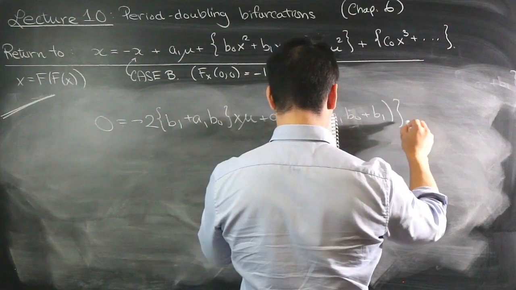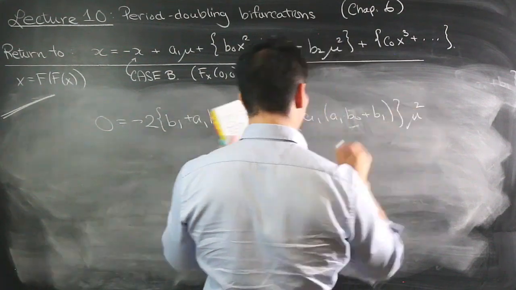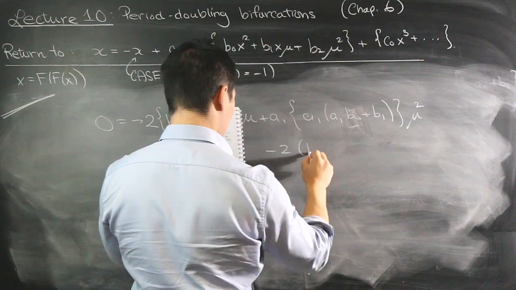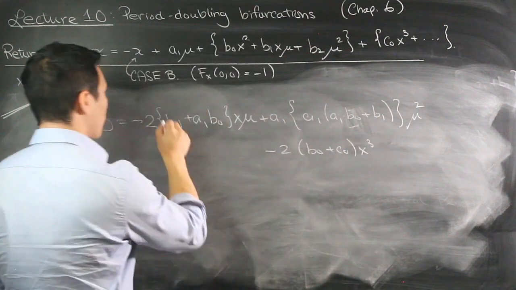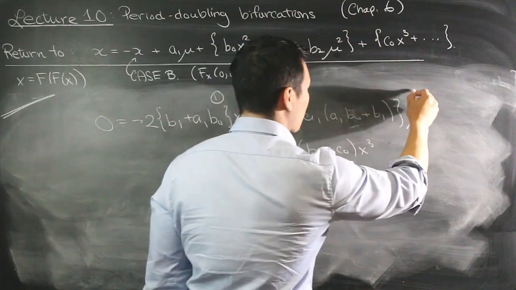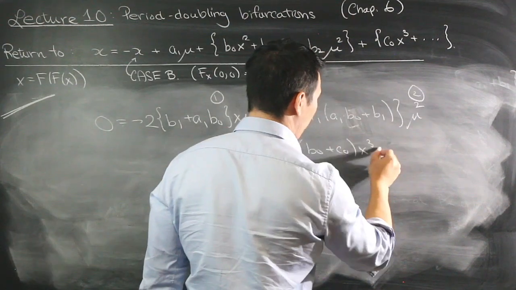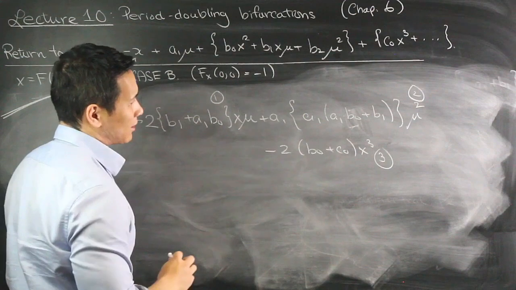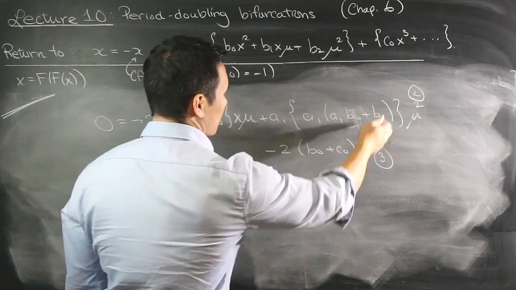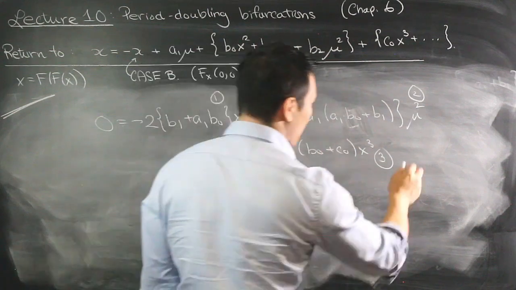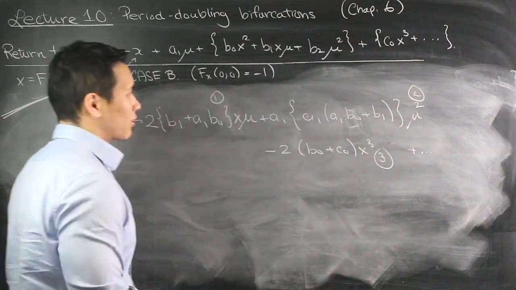Let me just finish writing this. All right, we call this one 1, this one 2, and this one 3. We first did the 1, 2, and we said that was boring, that led us to the usual fixed point. Then we did the 1, 3, and now, what if you did a 2-3 balance? Would you have been led to the right conclusion?